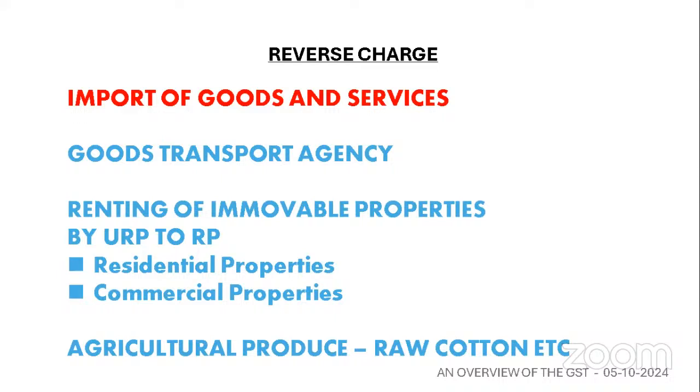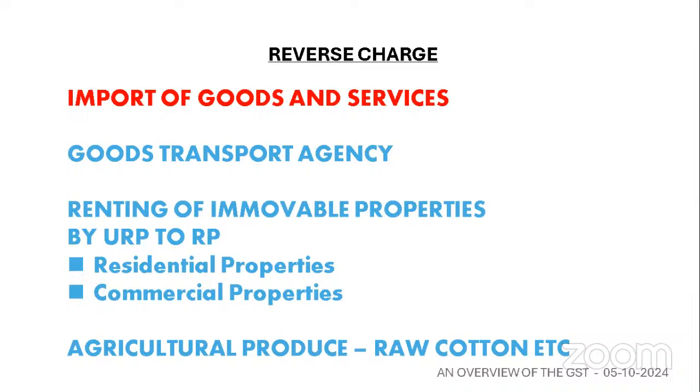Remember, the ITC can be taken as credit only when your outward supply is fully taxable. If you are rendering any services or selling any goods which are exempt in a property which is taken on rental basis, the ITC is restricted in respect of tax paid under reverse charge basis.